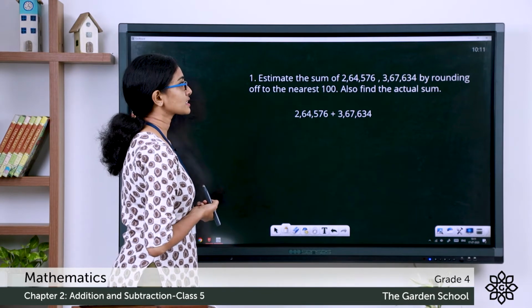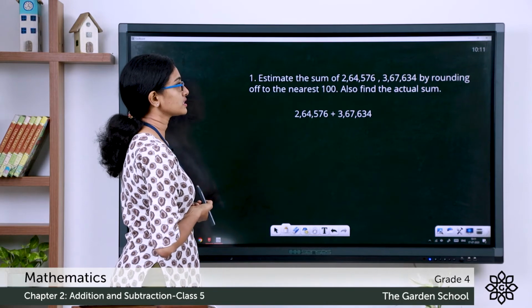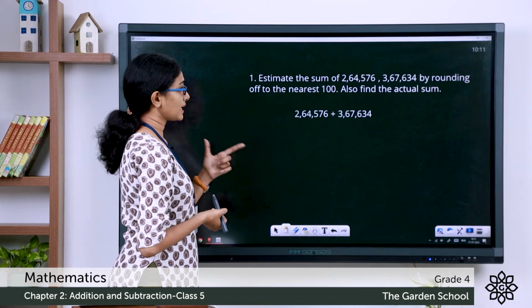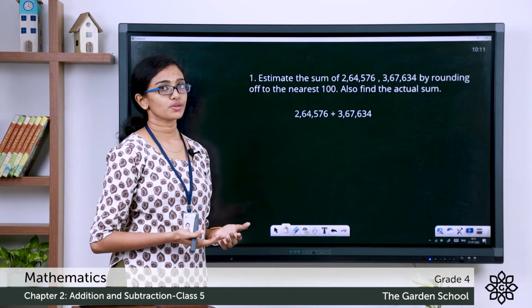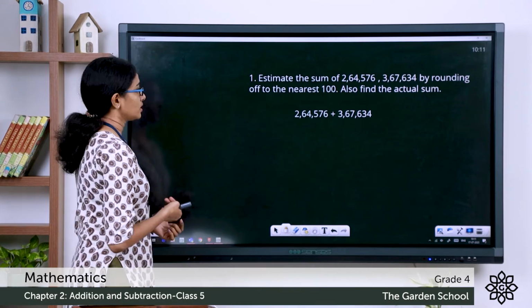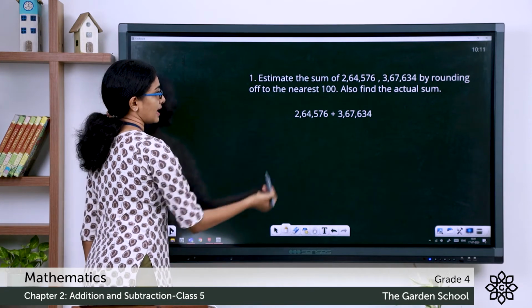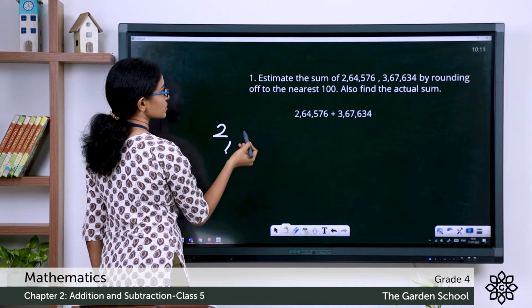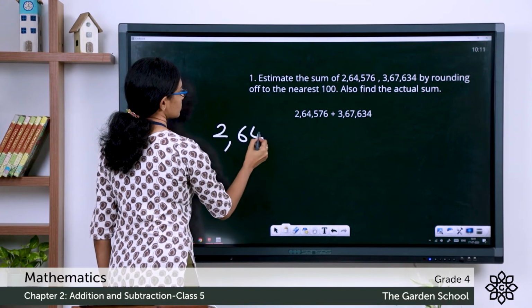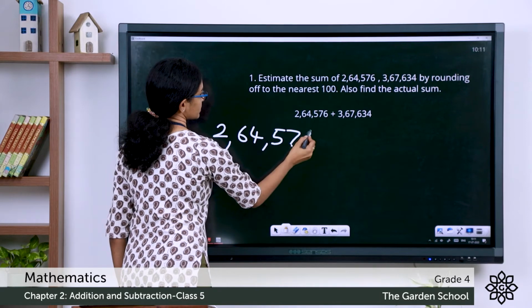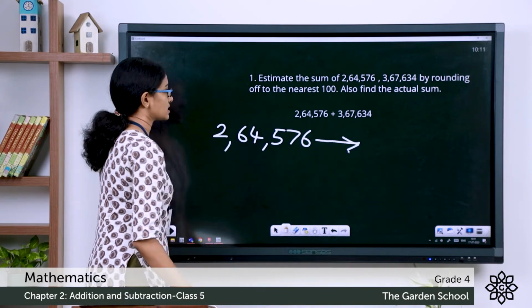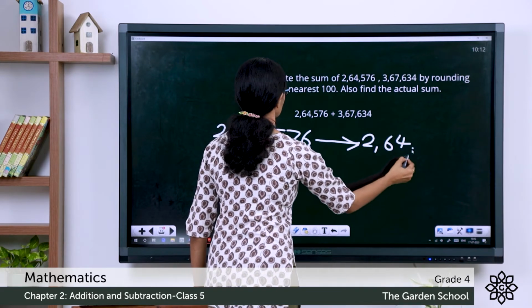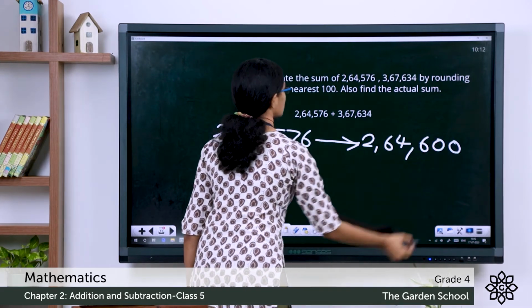Now, here you have one question. Estimate the sum of 2,64,576 and 3,67,634 by rounding off to the nearest hundred. Also find the actual sum. Now, here these are the addends and let's round off these addends to the nearest hundred first. 2,64,576 to the nearest hundred will give you 2,64,600.